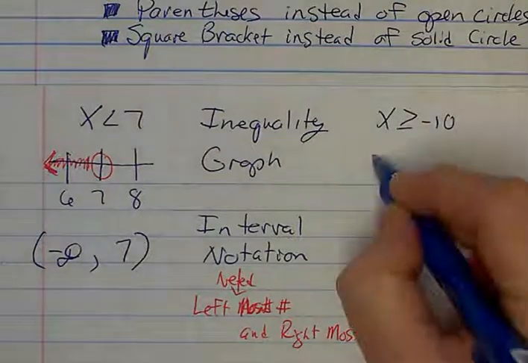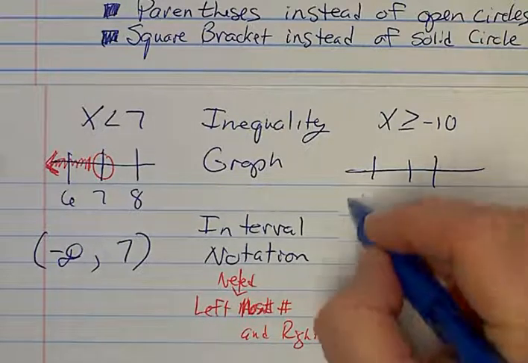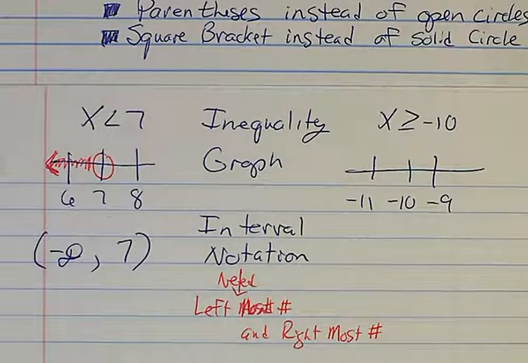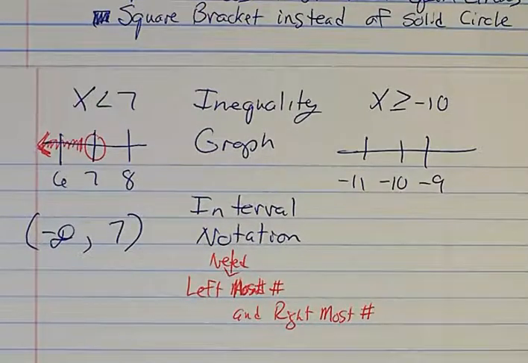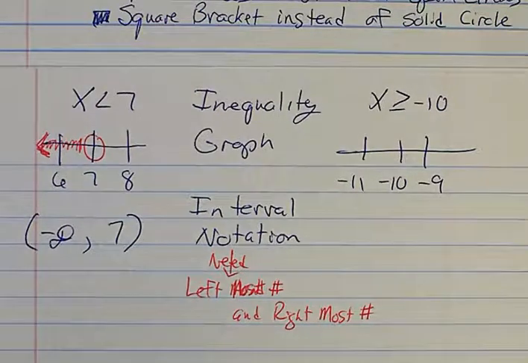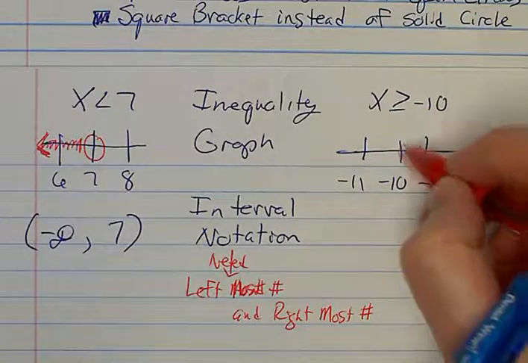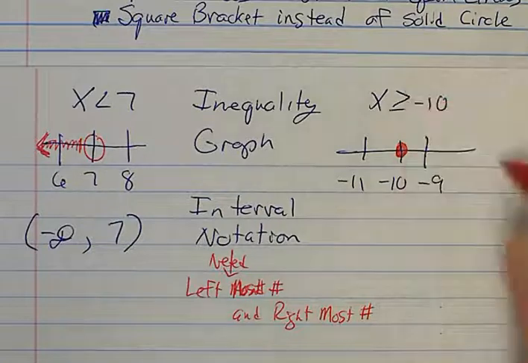All right, one more quick one of those and we'll be done. All right, so if it's x greater than or equal to negative 10. Again, graphing it, if I give you a graph to fill in, you just give me like 3 numbers. Give me the one number you need and the other numbers around it, and that should be plenty. For this one, solid circle at negative 10, and then arrows going that way.